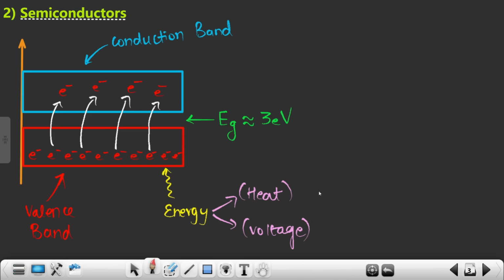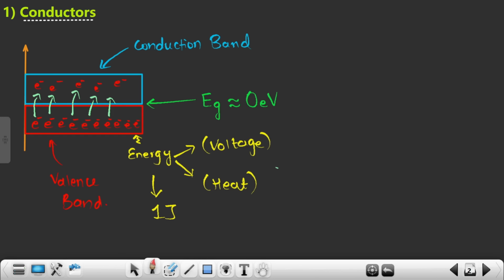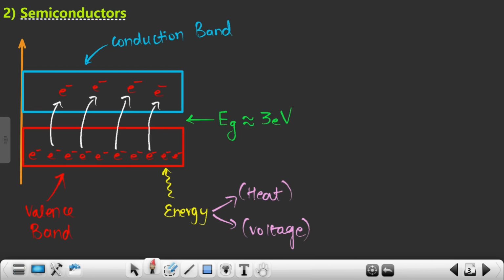Whereas over here, out of 10, almost 6 electrons were migrating from valence band to the conduction band, and this was when we were supplying very less energy. On the contrary, here we are providing slightly higher energy as compared to the previous case, but only 4 of the electrons are able to move from valence band to the conduction band, okay.